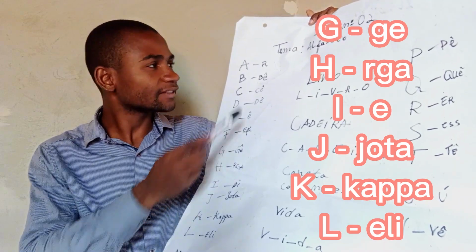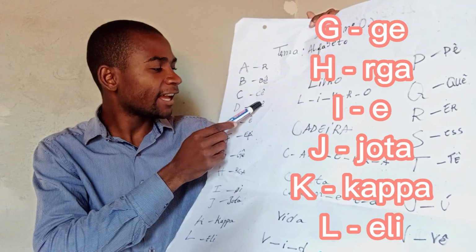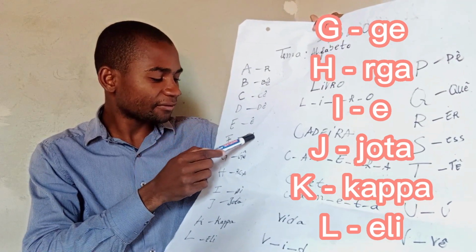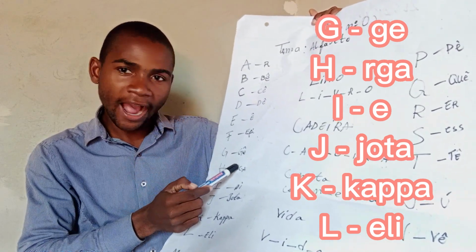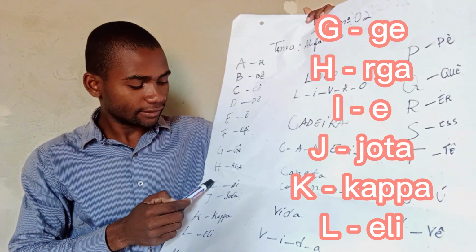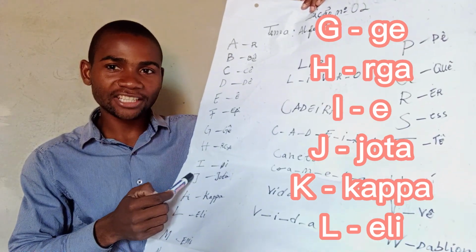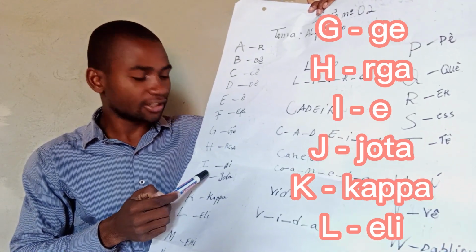You see? So here we go: A, B, C, D, E, F, G, H, I, J. You know, it's not more like a G.